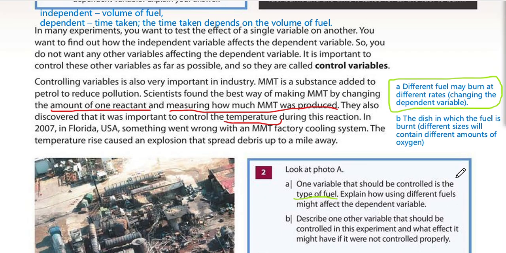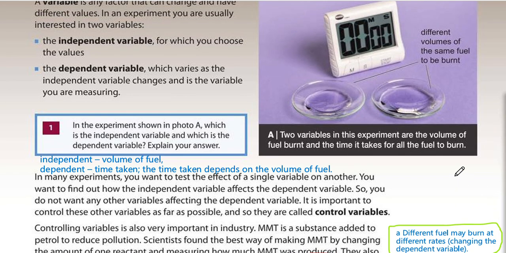Can you think and tell what type of variable you need to control here other than the type of fuel? Volume you can't control, no. Volume you are changing. So you can't take volume of fuel because it's the independent one. You are changing it to get the exact timing, right? So you can't take volume of fuel, but other than that, what else do you need to control?